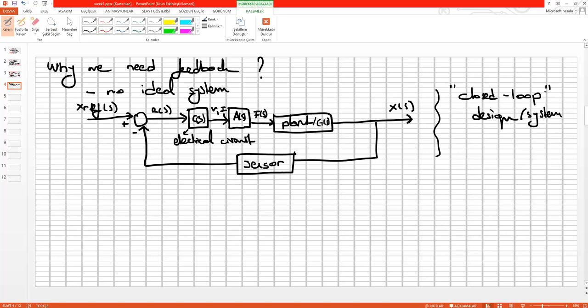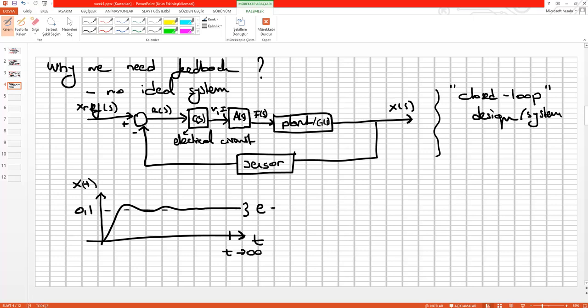Any question? If we have this system and have designed the proper controller in here, our reference may be 0.1, and the system may have this kind of time response, but as t goes to infinity, we will have zero error values, right?